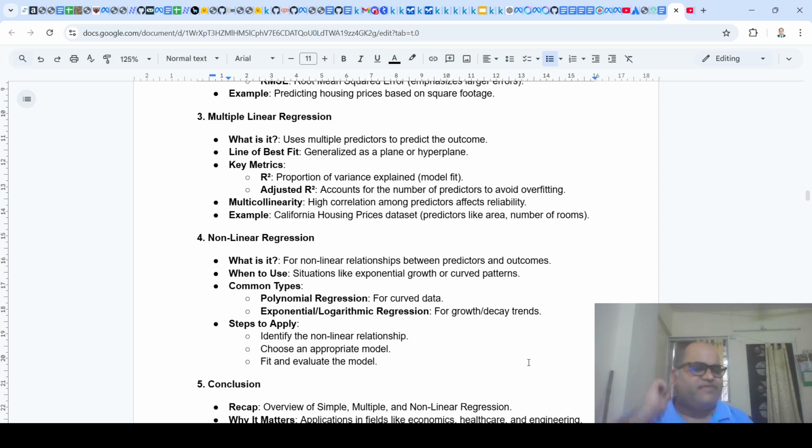For example, your housing price will not depend only on your carpet area, but it could depend on locality, city, and many other attributes that will give some indication of quality of construction, location, and many other factors.